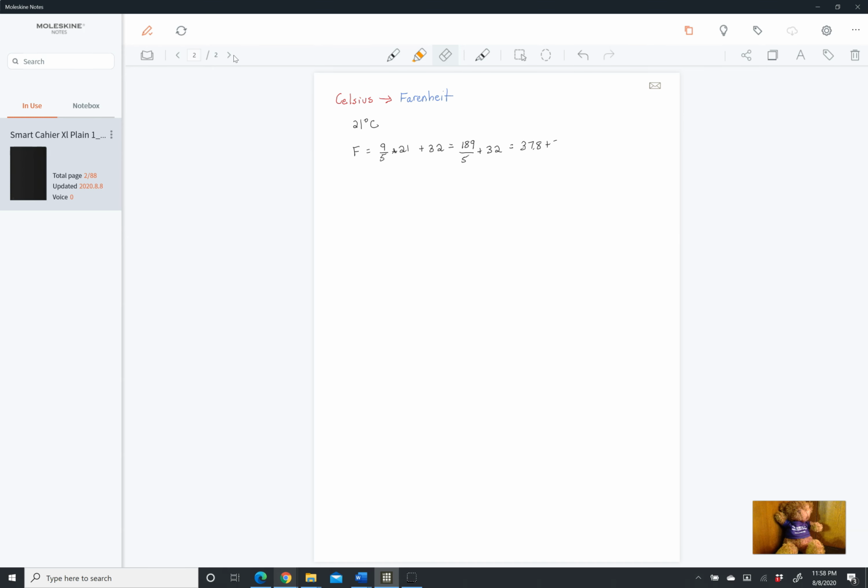So 37.8 plus 32 gives us 69.8 degrees. So what that tells us is 21 degrees Celsius is equal to 69.8 degrees Fahrenheit. These are equivalent temperatures, just in different units.